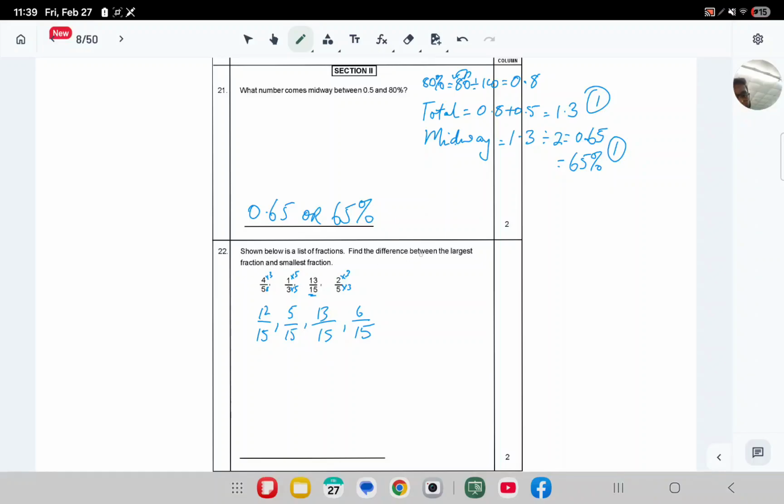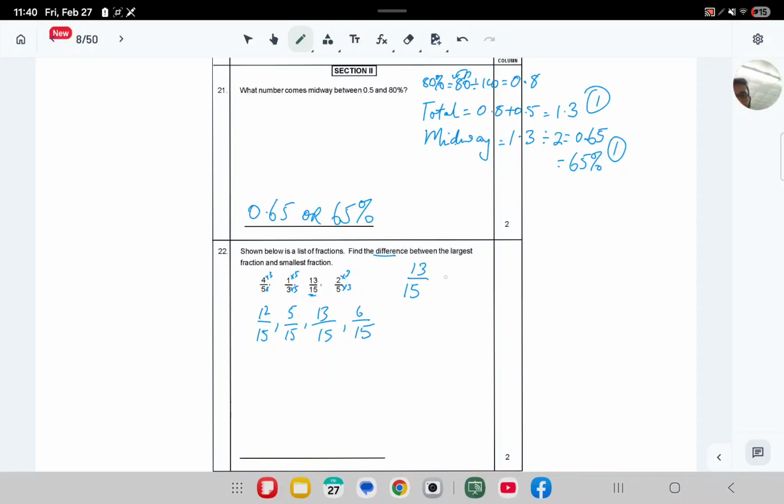So from here now we look at the denominators and we realize all the denominators are the same. So to find out which fraction is the largest, we look to see which fraction has the largest numerator, and we realize that it is 13 15ths. So we have 13 15ths as the largest, and now we look for the smallest fraction, the one with the smallest numerator, which is 5 15ths, which is the same as 1/3.